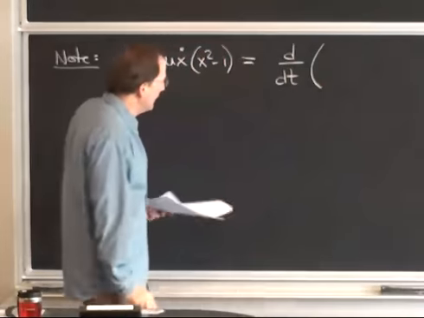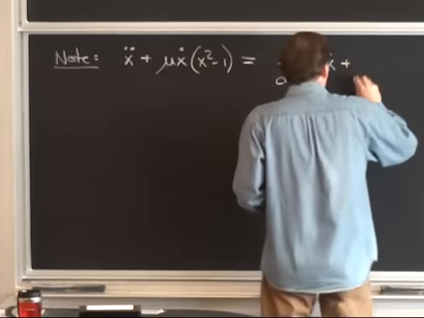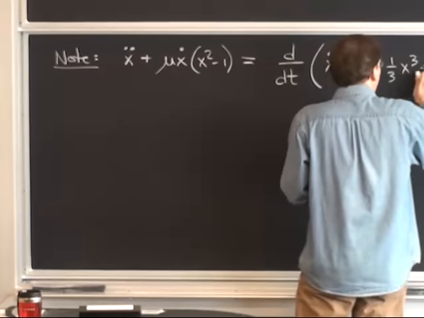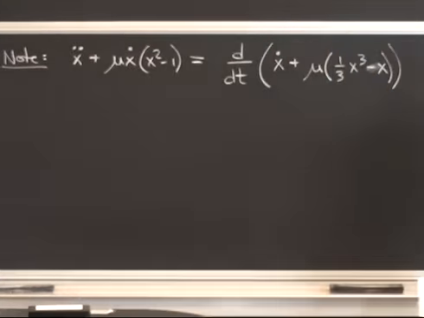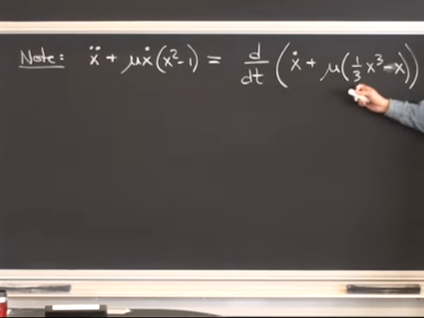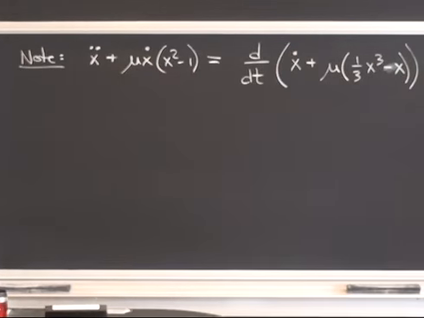That is, it's d dt of x dot plus mu times (1/3 x cubed minus x). Because if I differentiate the 1/3 x cubed minus x, this becomes 3x squared times x dot minus 1, and the 3 cancels with that 1/3. And also then there's the chain rule term, the x dot, which appears there. So we've written those two terms as d dt of that expression.